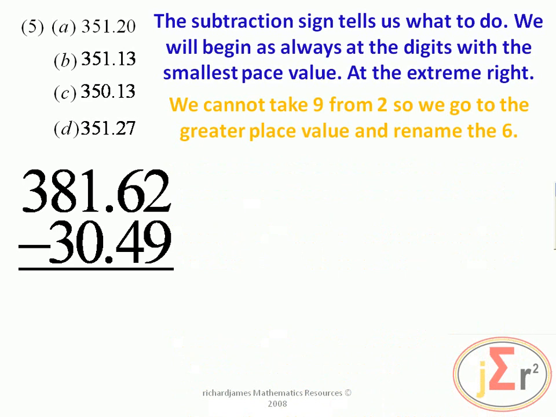We cannot take 9 from 2. So the first thing that we need to say is what? 2 subtract 9. Can you take 9 things from 2 things? We cannot take 9 things from 2 things. So what do we do? We go over to the 10th line. Right. So we go over to the 10th line.